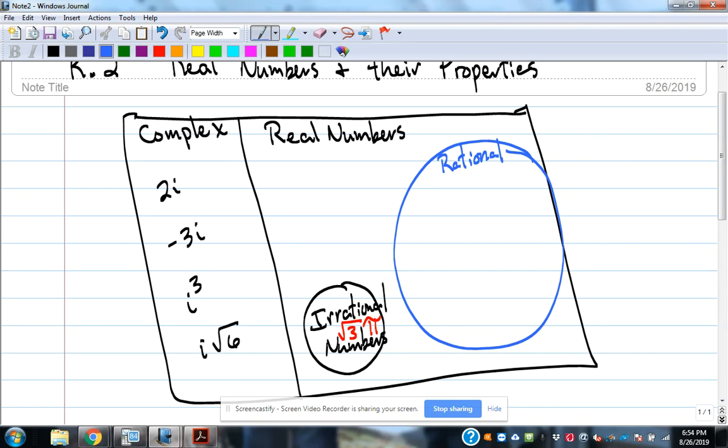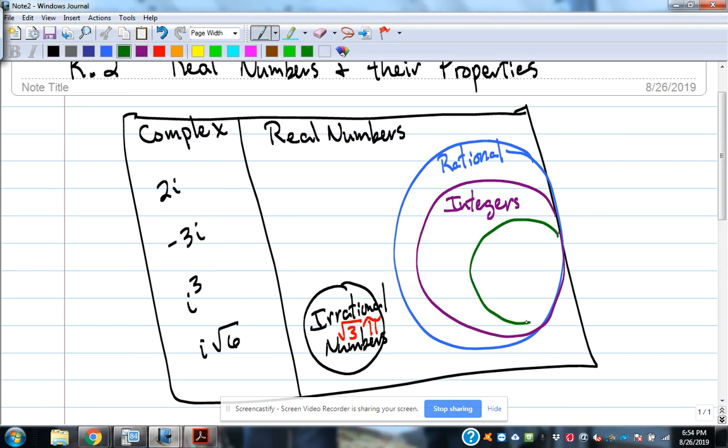In the real numbers, you've got the rational numbers sitting in there. Inside of that bucket is a smaller bucket called the integers. Inside of the integer bucket is a smaller bucket yet, called the whole numbers.